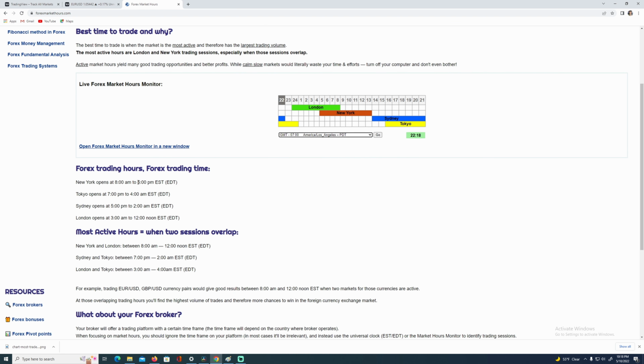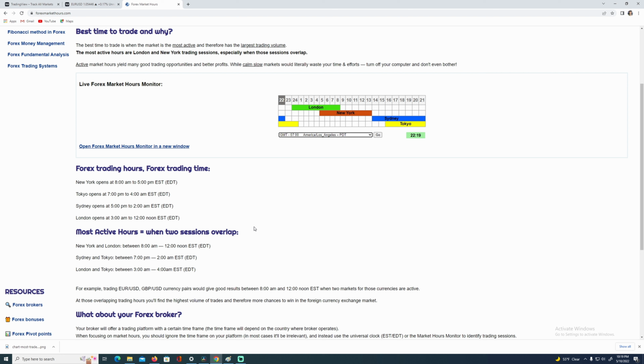And even here, they tell you about New York Forex trading hours, Forex trading times, the most active hours when two sessions overlap, right? For example, this is in Eastern time. So from 8 a.m. to 12, which is for the West Coast, and then what I am is basically from 5 a.m. to 9 a.m., right?